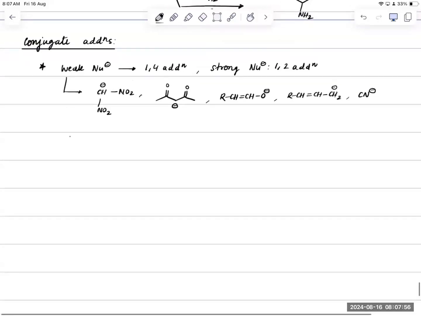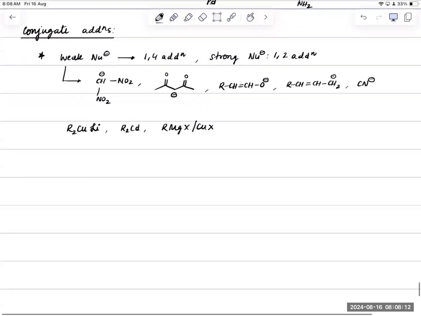And then if there is any metal which is present, for example, R2CuLi, okay, or RMgX in the presence of CuX. Clear?